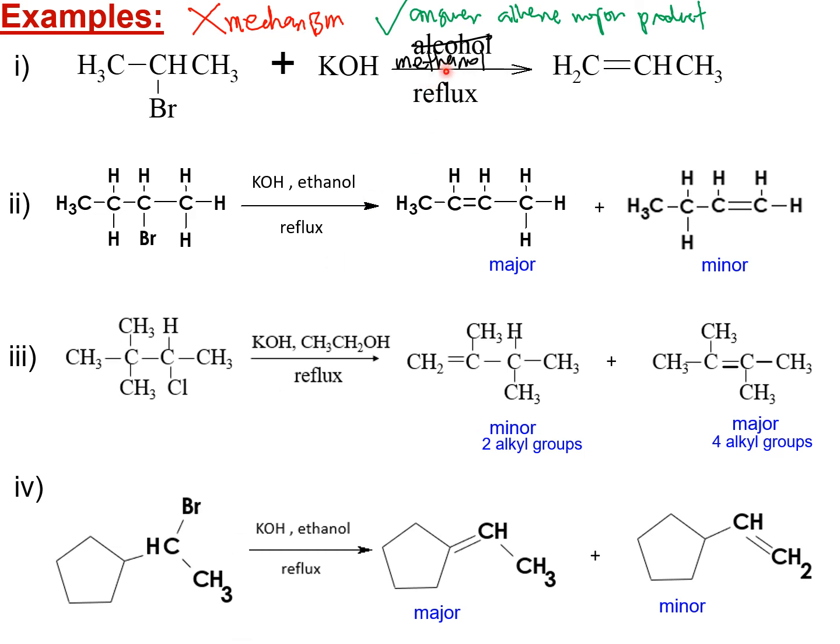At least you have to name the alcohol, ethanol or methanol, then with the condition reflux. Therefore, if you see a haloalkane, and it uses the reagent KOH, alcohol, with the condition reflux, that means it wants to make an alkene, and you have to follow Saytzeff's rule.